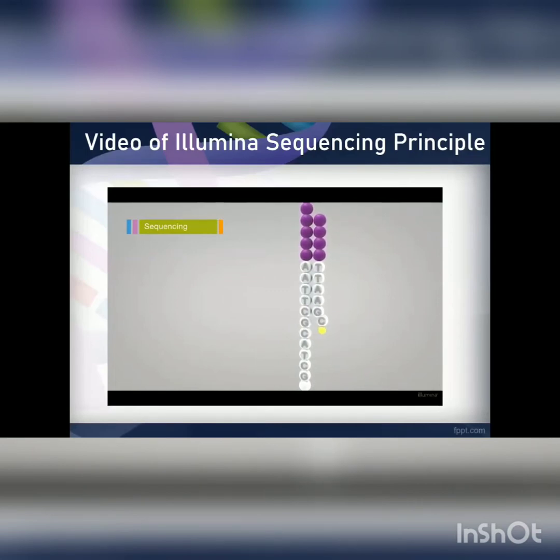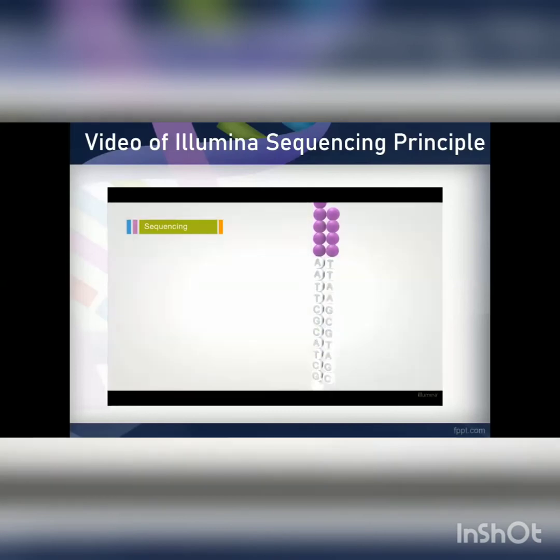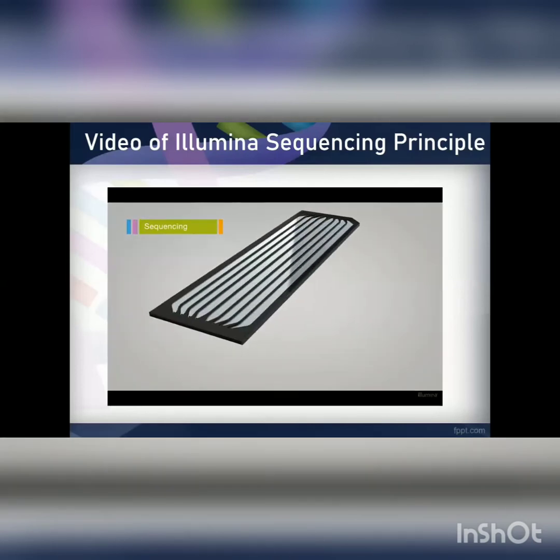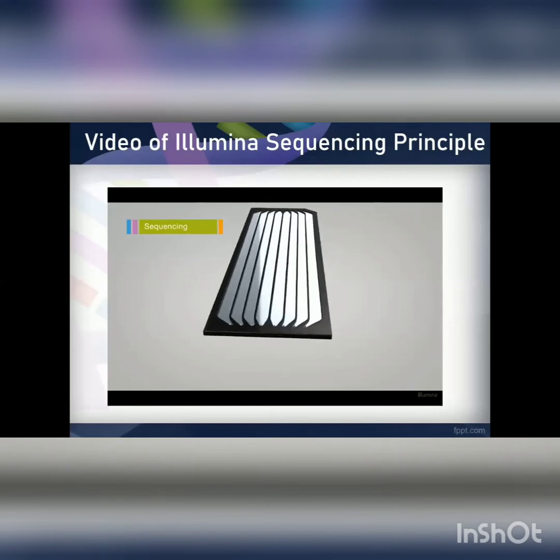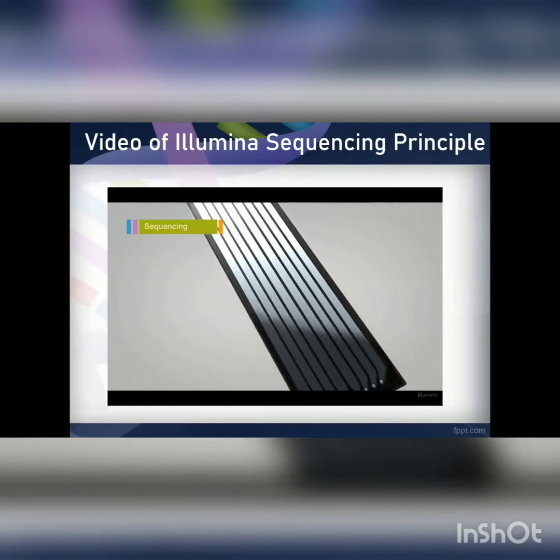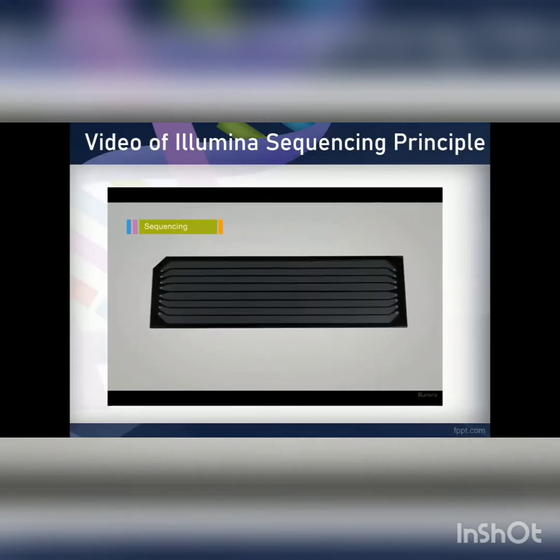This proprietary process is called sequencing by synthesis. The number of cycles determines the length of the read. The emission wavelength, along with the signal intensity, determines the base call. For a given cluster, all identical strands are read simultaneously. Hundreds of millions of clusters are sequenced in a massively parallel process.